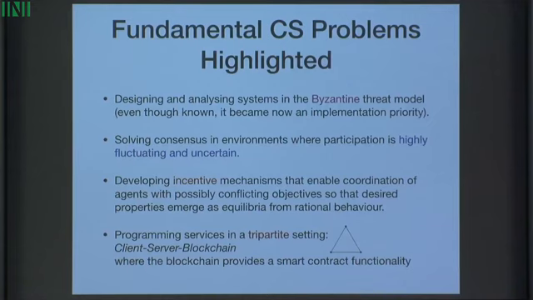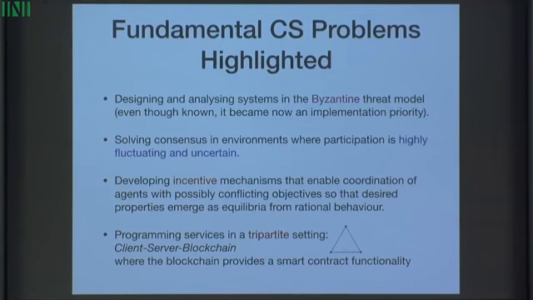Since we were in this classical client-server setting with a security perimeter, there was no need for the Byzantine threat model. People that worked on Byzantine agreement were essentially theoreticians, and those that actually implemented systems didn't use the Byzantine threat model, because there is no need for that. You just want to solve consensus in a weaker model, which is just benign faults. It's also an interesting question, by the way, to solve the problem with benign faults, but fundamentally easier.